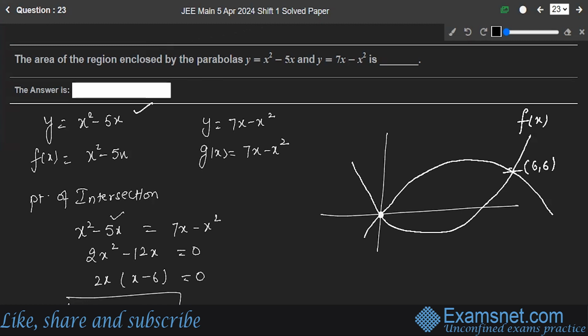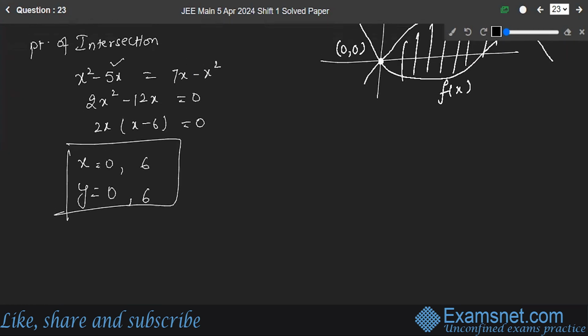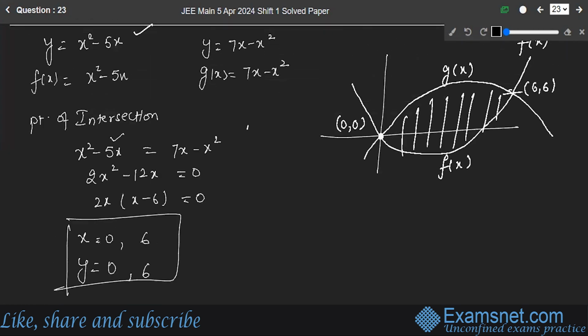And here is your 0, 0. You have to find out this shaded area. Okay, we have everything now. So super easy. Let's go to find out the area ultimately required.